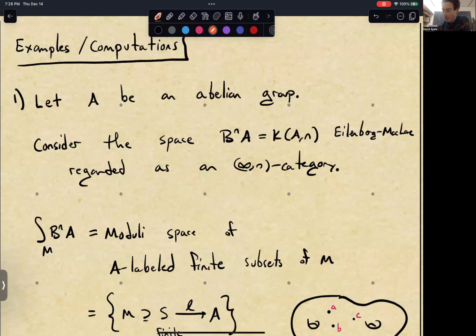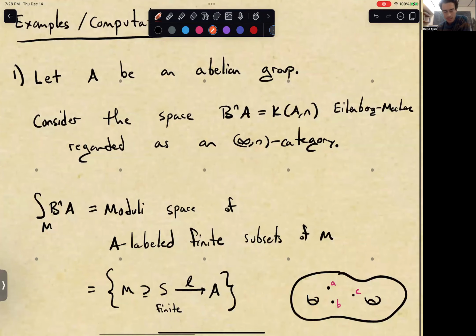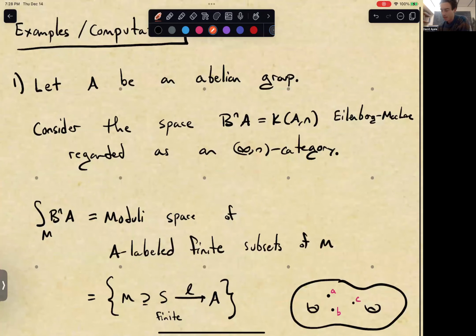Okay, so why this theory has the word homology in it. One explanation is that homology is an instance of factorization homology. So I'll just mention that real quick. If you fix an abelian group A, you can construct a space, which is the Eilenberg-MacLane space for it. There are a few standard notations for that.